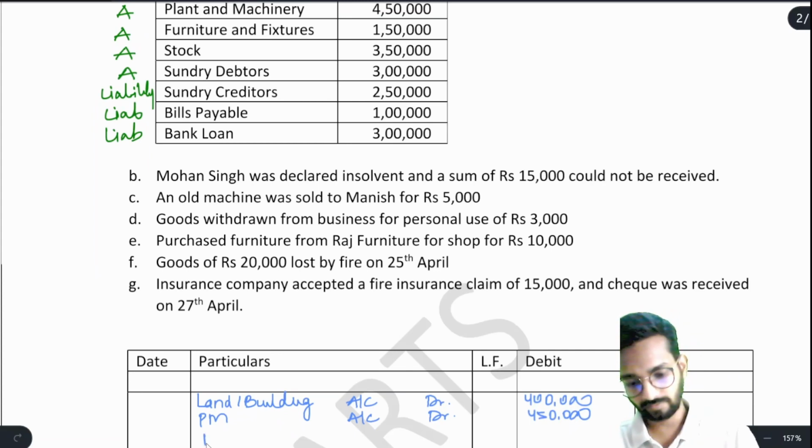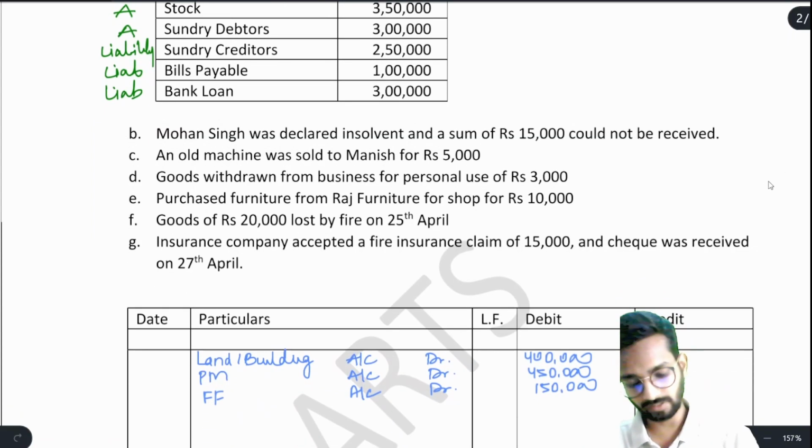Then furniture and fixtures debit 1,50,000. Then stock and sundry debtors, 350 and 300. Stock 3,50,000. Then sundry debtors 3 lakhs.